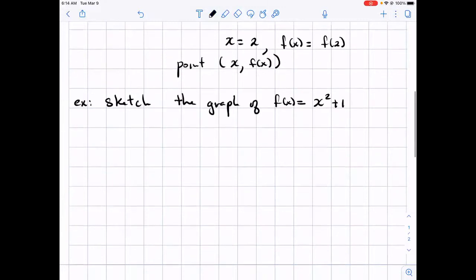Well, the way we do this, first we create a table with random x values.